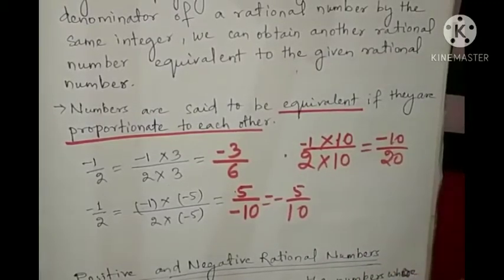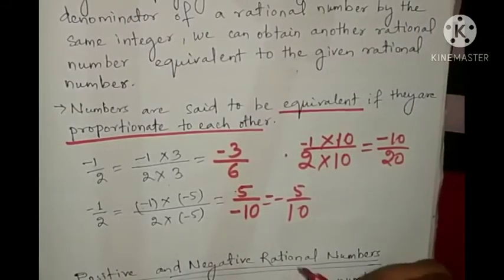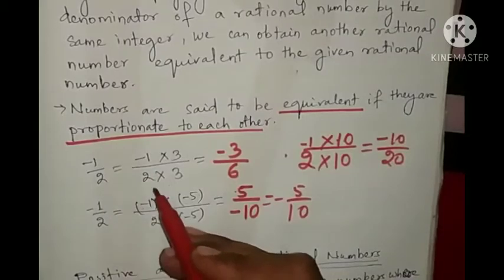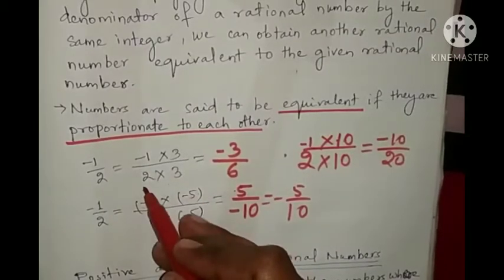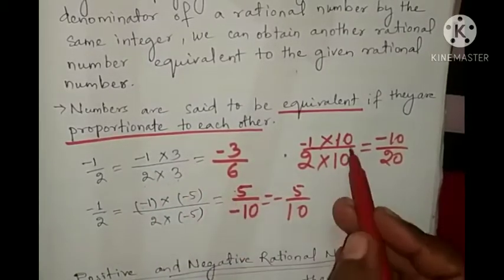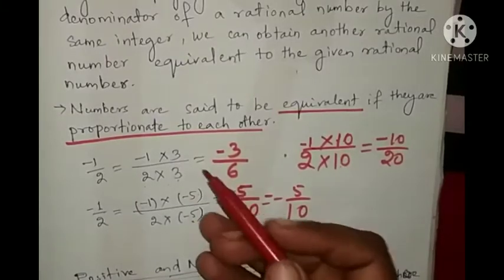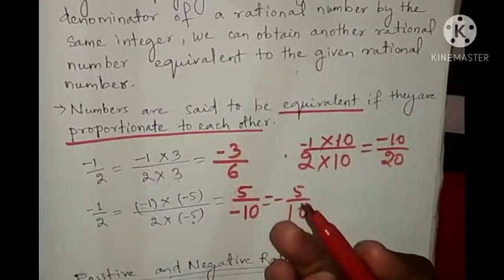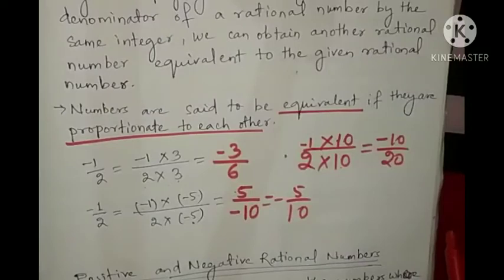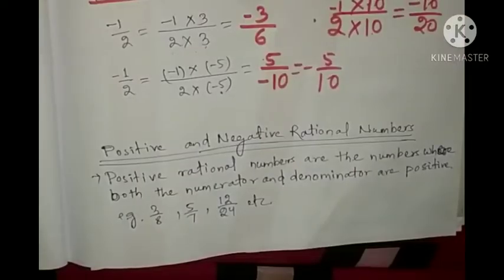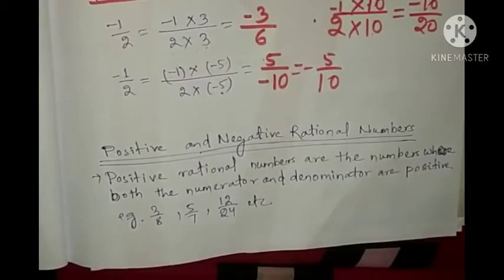Like this, you can find the equivalent rational number by multiplying the same integer to both numerator and denominator. So always multiply the same integer. That integer may be negative or positive.